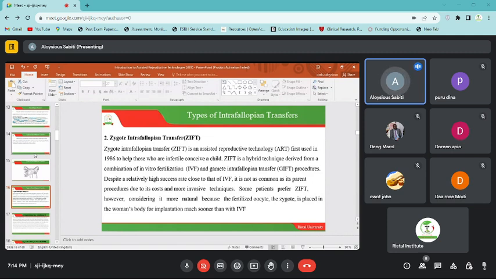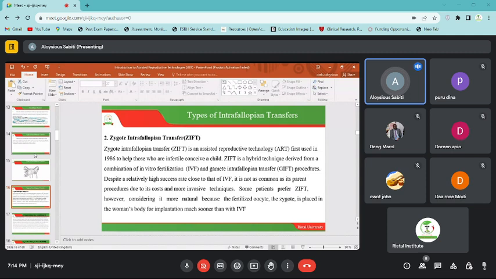And I want to start with what we call the zygote intrafallopian transfer. The zygote intrafallopian transfer, which we abbreviate as ZIFT, is an assisted reproductive technology first used in 1986 to help those who are infertile to conceive a child. Now, ZIFT is a hybrid technology derived from a combination of in vitro fertilization.